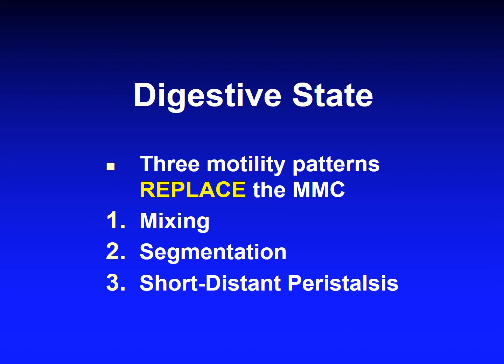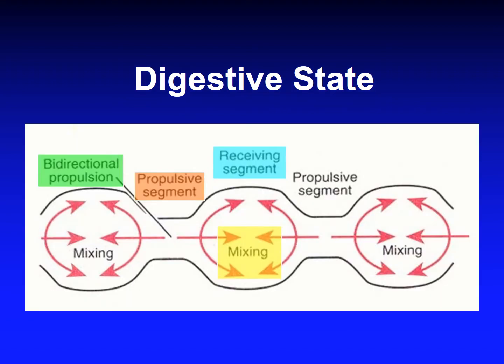Let's see how these motility patterns take place: mixing, segmentation, and short distance peristalsis. This is a picture that shows what happens in each part of the small intestines at the digestive state. These are three segments adjacent to each other.